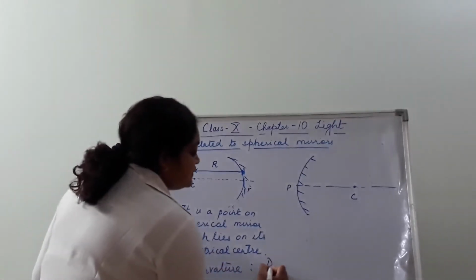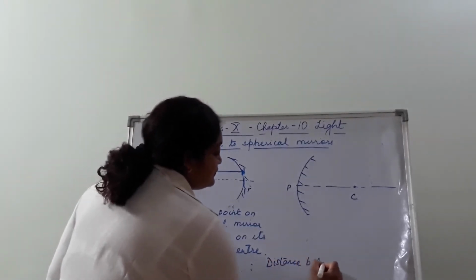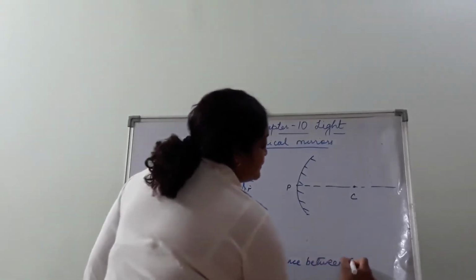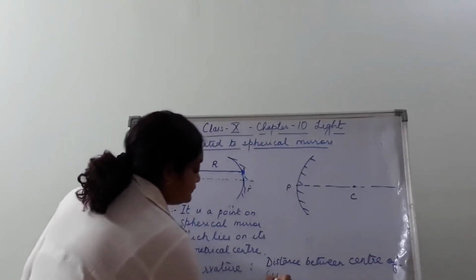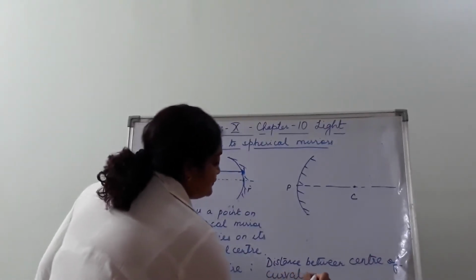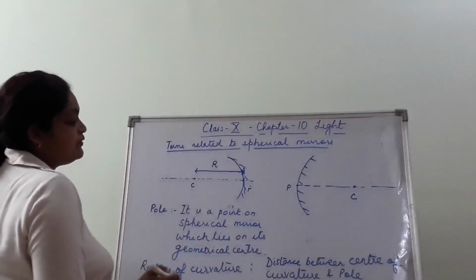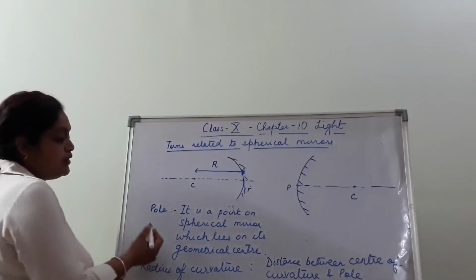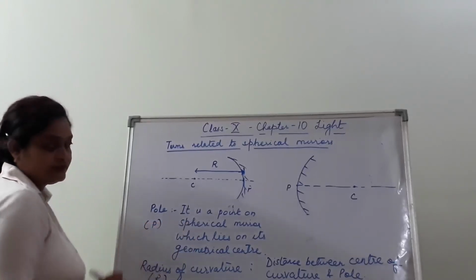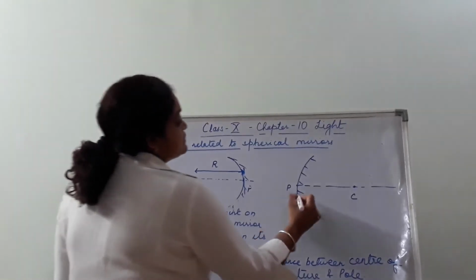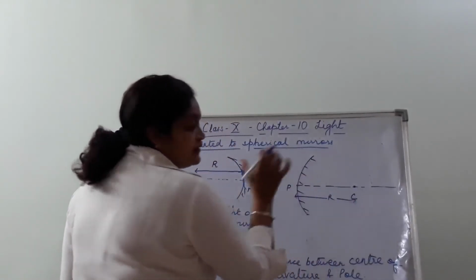It is the distance between the center of curvature and the pole. Pole is denoted by P. Radius of curvature is denoted by R. So this distance between the pole and the center of curvature is the radius of curvature.